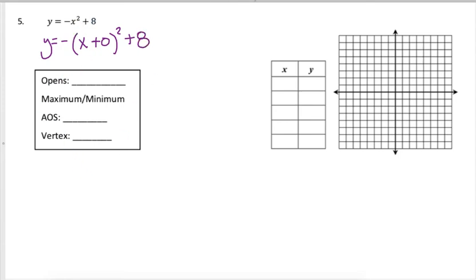So now I have that -1 here, giving me that opening down graph, giving me a maximum, a high point here, and my axis of symmetry, well, 0 can't lie to us. That's why we can write it either way. It's still 0. And then plus 8 gives me positive 8 on the outside there. Outside doesn't lie to us, just the inside. 0 can't lie because it can't change signs. So now we're at 0, 8 for our vertex.